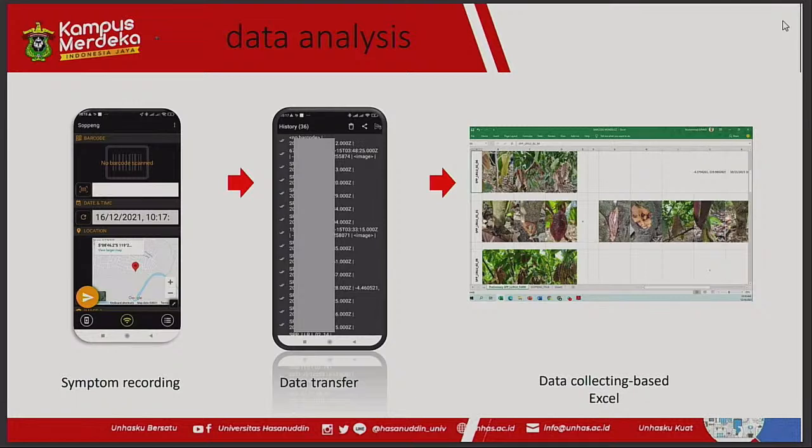Based on the pictures, the data, and also the intensity of disease, and much information about the tree can be analyzed based on this. Next, please.